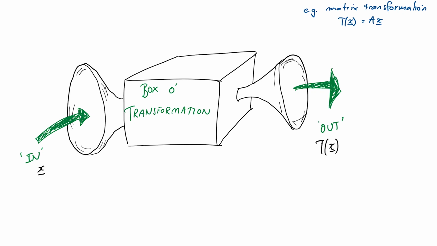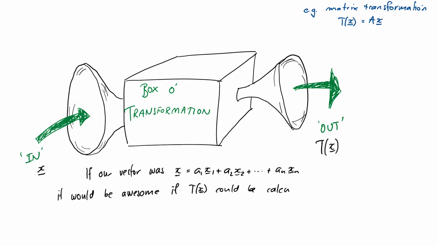Okay, now wouldn't it be cool if we could transform an expression like x as a linear combination of some other vectors by transforming all the pieces individually?